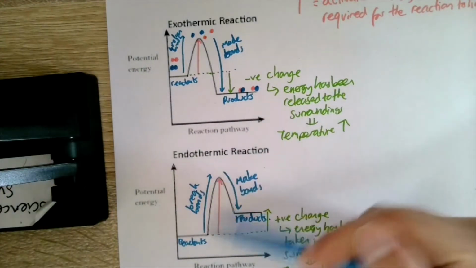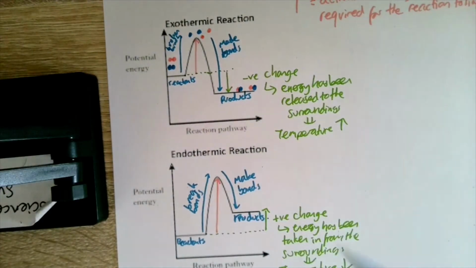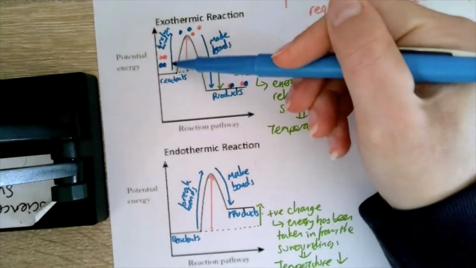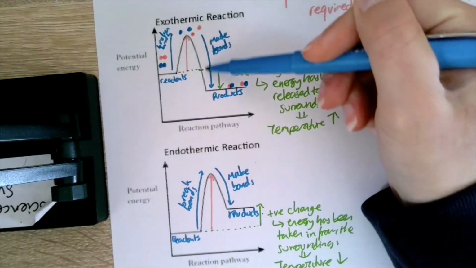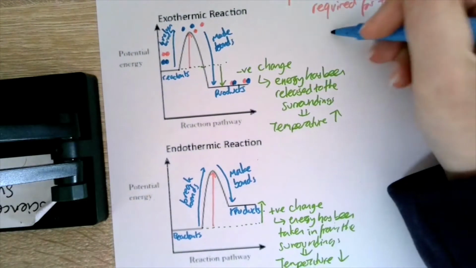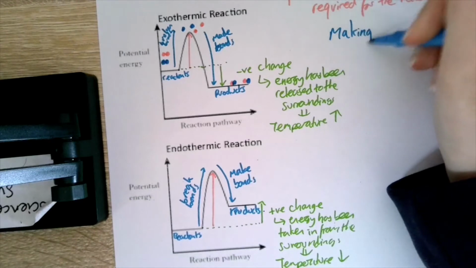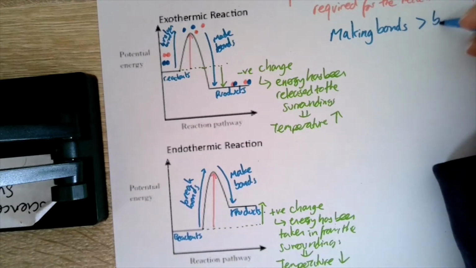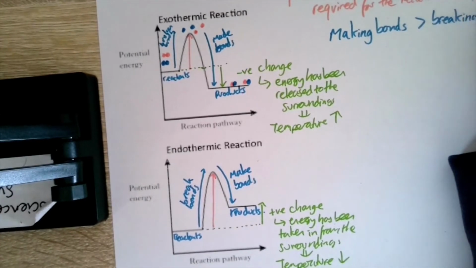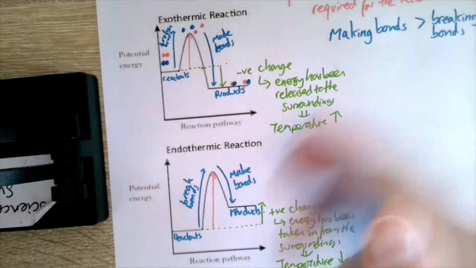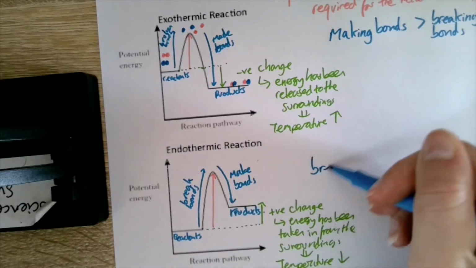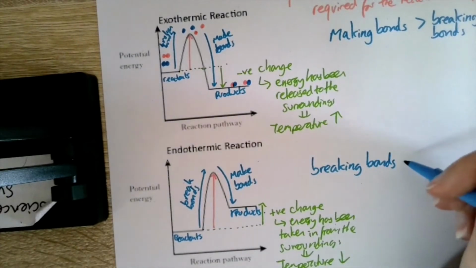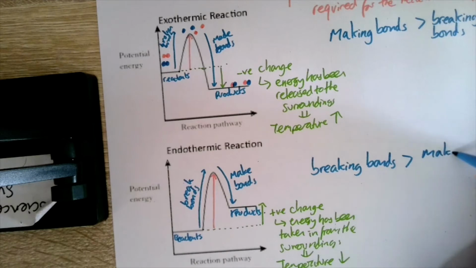Now if you look at the size of my arrows, granted they're curved so it's not exact, but here we can quite clearly see that going down, that making bonds, is greater than breaking bonds. Whereas here our breaking bonds is greater than making bonds.